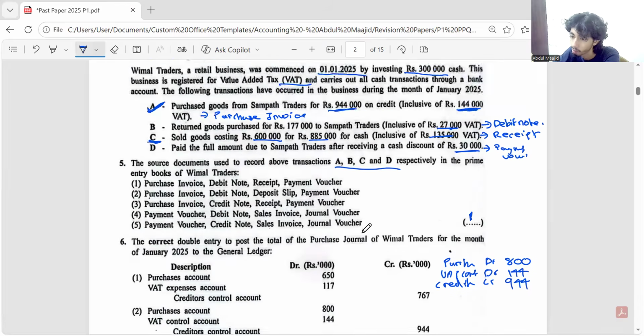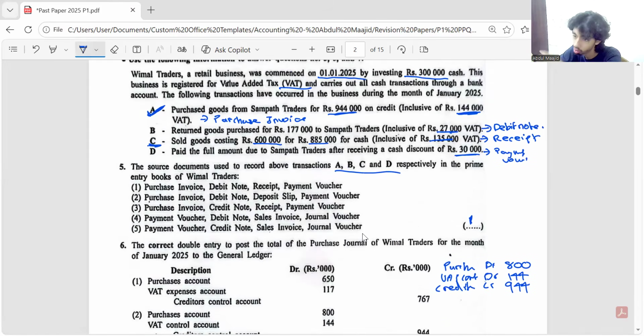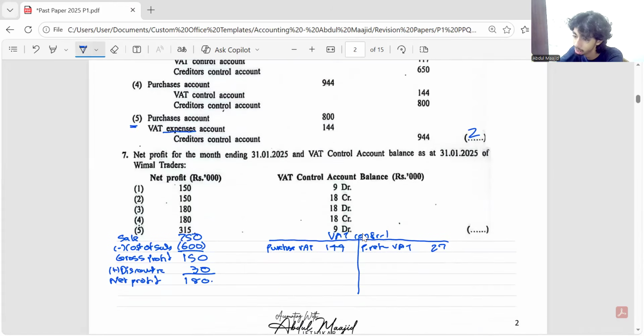Then sold goods costing 600 for 885, including 135 VAT. So sales VAT will come on the credit side. Sales VAT 135. There is no other transaction connected to VAT, so you can balance this off. 135 plus 27, that is 162. 162 minus 144, that is the balance c/d of 18. So the balance c/d is 18, and it will come to the next month as balance b/f 18 on the credit side.